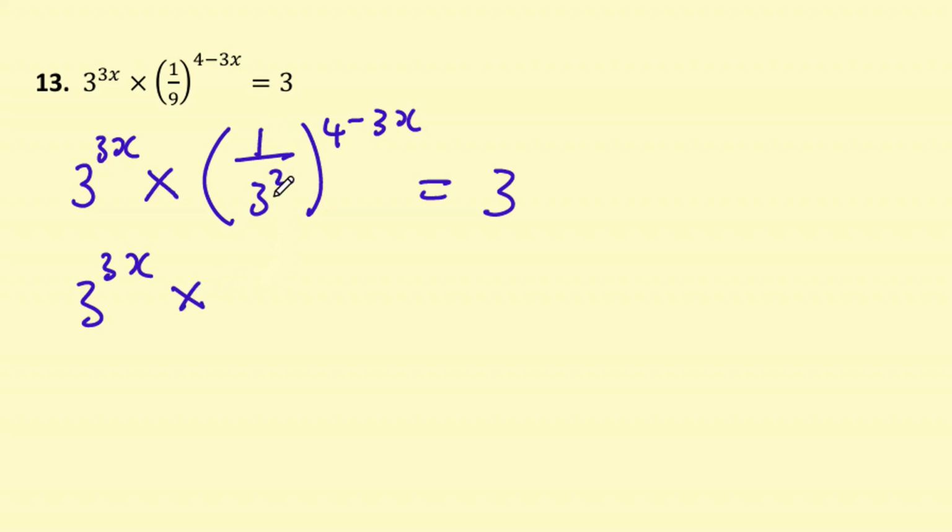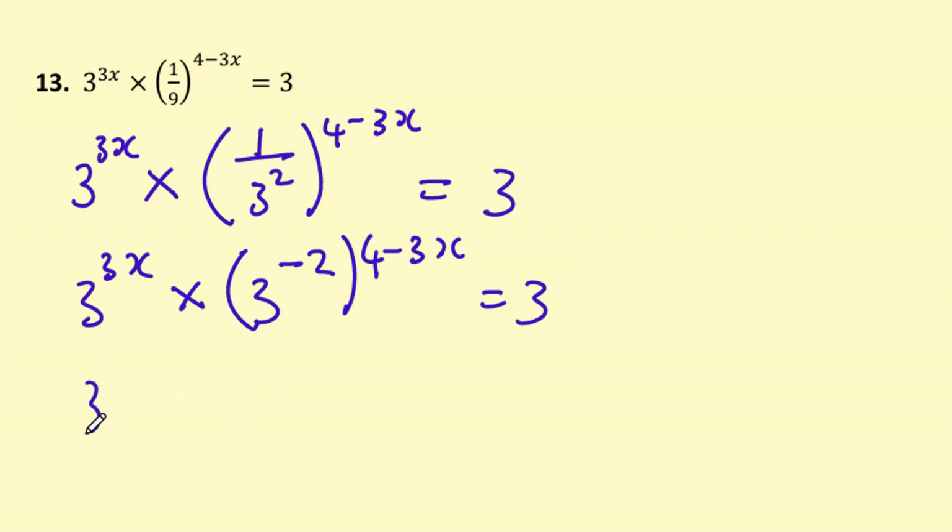We're going to rewrite 1 over 3 squared as 3 to the negative 2. We have brackets here, so we can multiply the powers. So negative 2 times 4 is negative 8. And negative 2 times negative 3x is positive 6x.